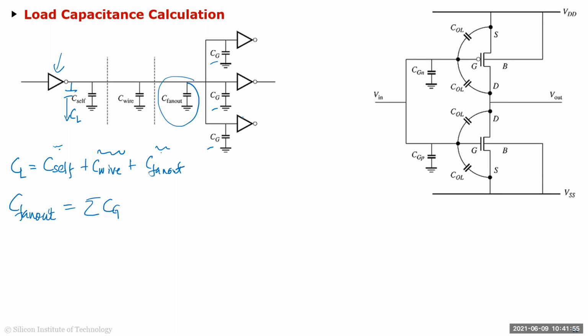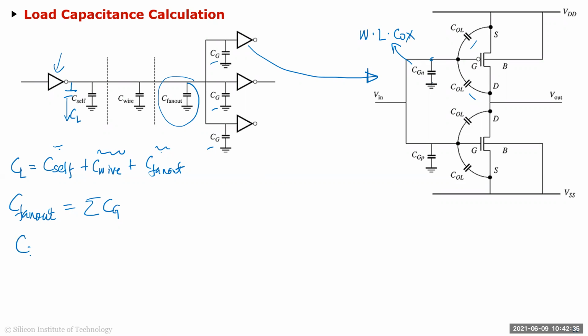And if you look at each of the gate capacitances, I've expanded one of these inverter gates over here. Like I showed in the previous couple of slides, for the gate you have the overlap caps, the two overlap caps, and you have the gate ground cap, which is basically taking the CGD and CGS and clubbing them together. And like I said, for this purpose we are going to take the worst case, which is W times L times Cox. That's your CG.